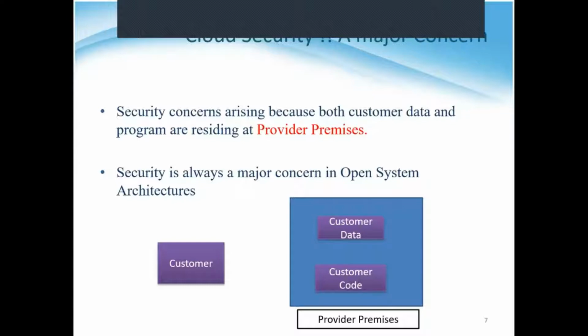Okay, because security is always a major concern in the OS, operating system. That's why we have platform as a service, and software as a service, SaaS and PaaS and IaaS, infrastructure as a service. All these SaaS, IaaS, and PaaS should have security, a highly protected way of providing the services to the customer. Okay, I'm the customer. I'm going to use Salesforce or Amazon or something.